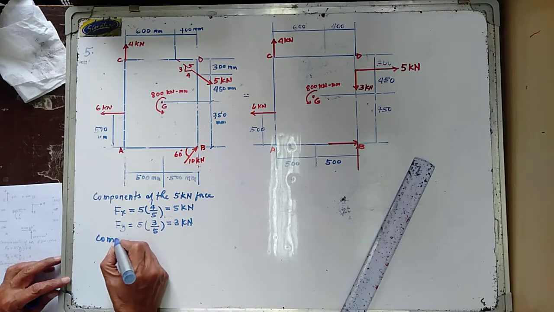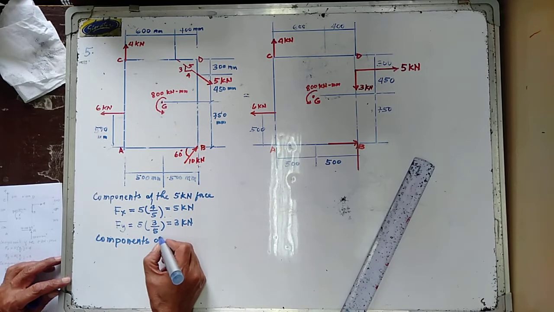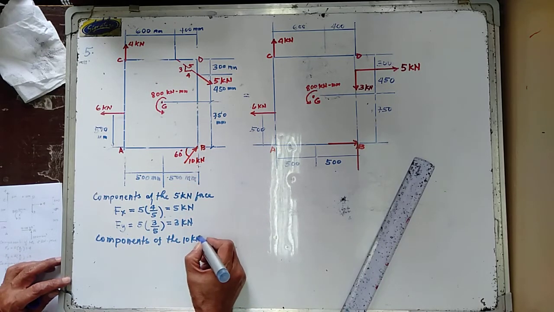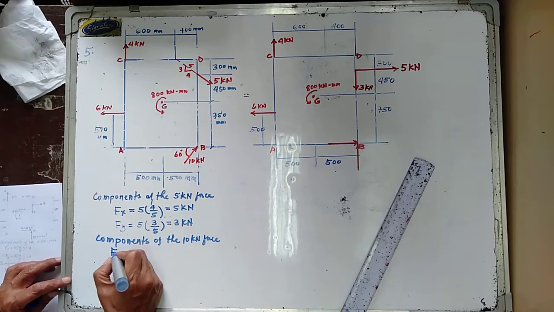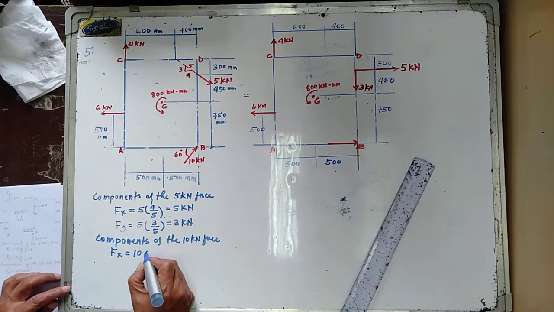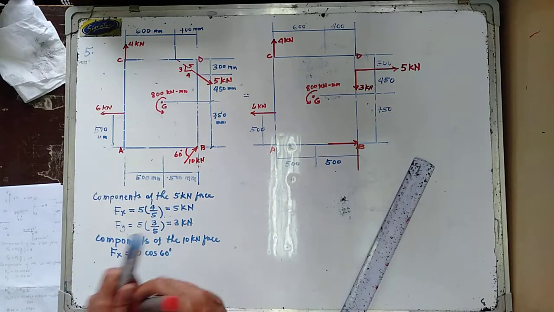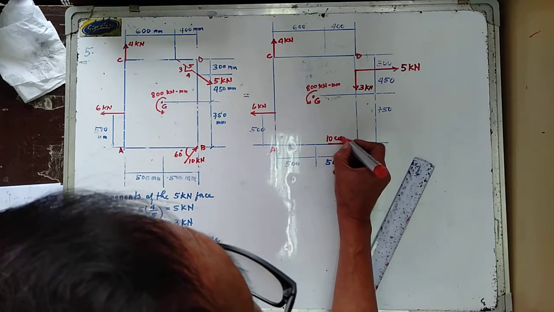So we have also the components of that 10 kilonewton force. Your Fx in here is equal to 10 cosine of 60 degrees.